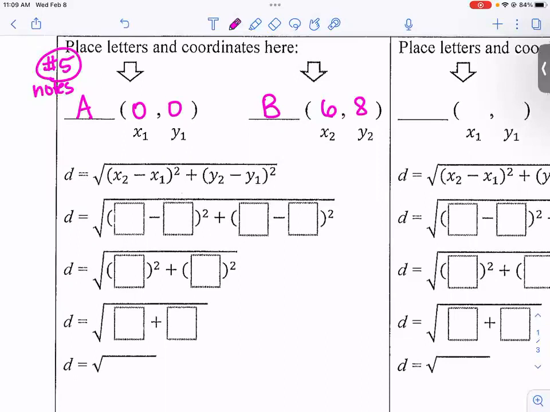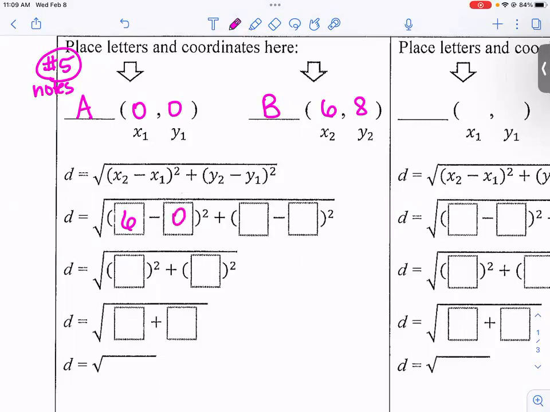Okay. So now we're just gonna fill in for our formula, okay? x2, so that's the x coordinate of our second one. What is it? 6. So I'm gonna write that here. Minus the x coordinate from our first point.